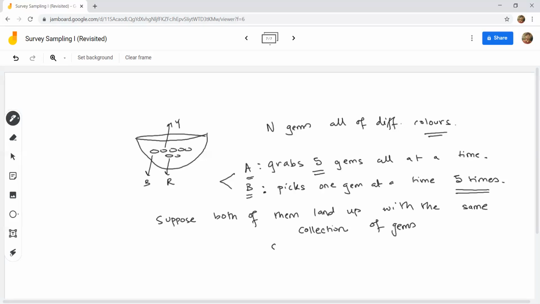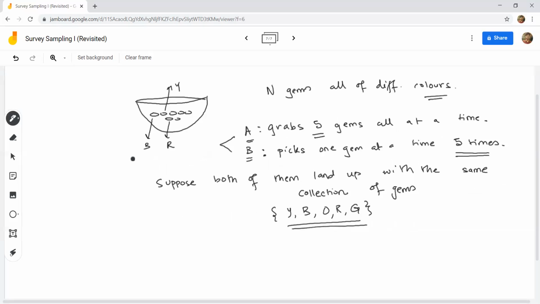Say both of them have the same collection of gems, say white, yellow, blue, orange, red, and green. Maybe A might have got blue first, orange second, red third, and B might have got yellow first, green second, and so on. So the ordering does not matter. In any case, they have picked up 5 samples, and both their samples correspond to each other.